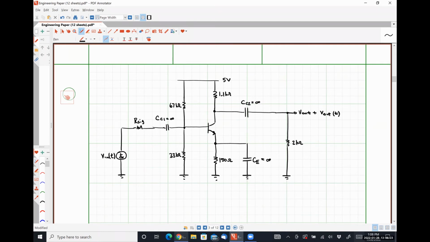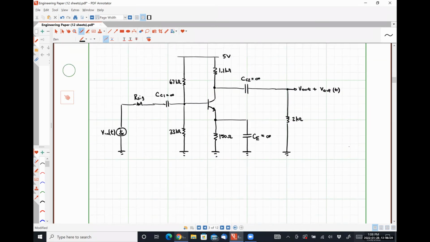All right, so how would we go about determining the DC operating point of this guy? We want capital VBE and capital IC.